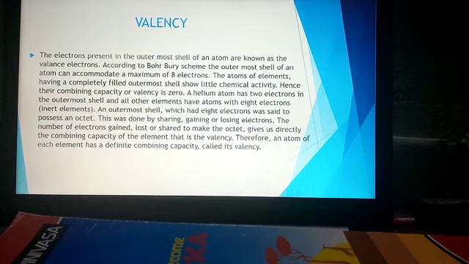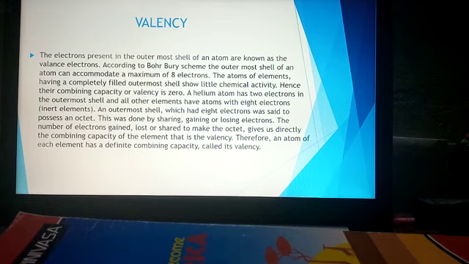According to this scheme, the number of electrons in the outermost shell would be written as valency, but we write the valency of fluorine as 1, children, instead of 7. Why? Because it is difficult to lose 7 electrons. Instead of losing 7 electrons, it can gain 1 electron to get the inert gas configuration. That is why the valency of fluorine becomes 1.